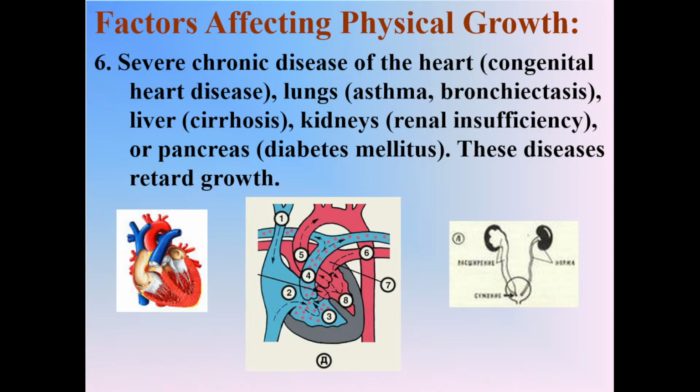They include congenital heart diseases, for example, lungs: asthma or bronchiectasis, chronic pneumonia; liver: cirrhosis, a very serious situation; chronic disease of kidneys with renal insufficiency or renal failure; or pancreas, diabetes mellitus.